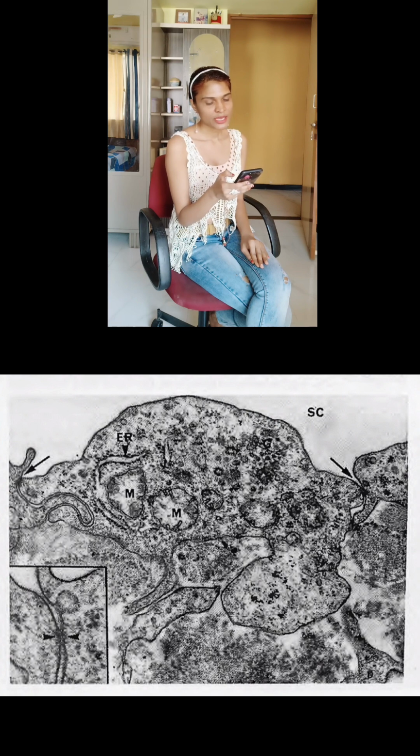Arrows. M for mitochondria, ER is endoplasmic reticulum, G for Golgi apparatus. Original magnification is 27,000 times. Inset. Higher magnification of an intercellular contact zone between adjacent cells lining Schlemm's canal, showing poorly defined tight junctions. Arrowheads. Original magnification 90,000 times.